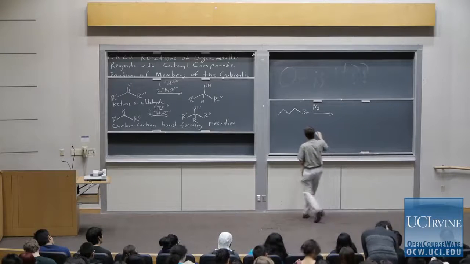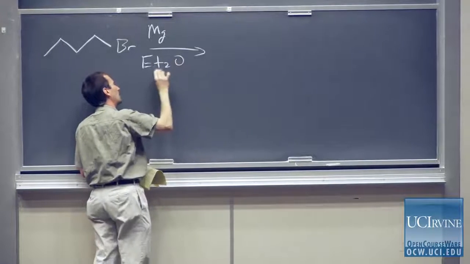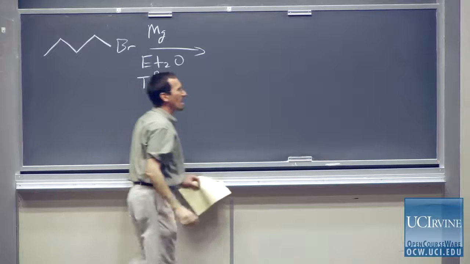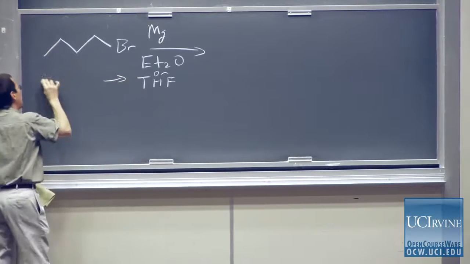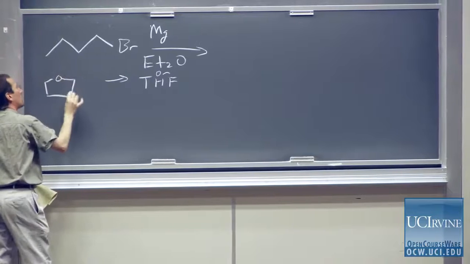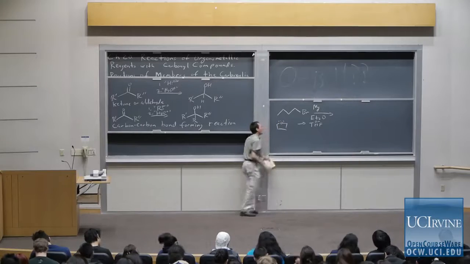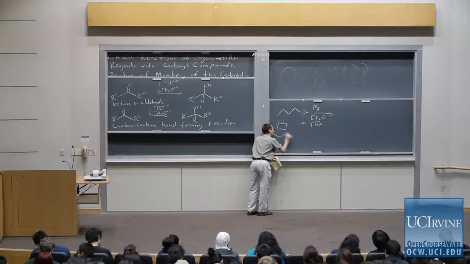The solvent will be an ether solvent, either ether or THF typically, although sometimes other ethers can be used. THF is tetrahydrofuran. It's a cyclic ether, so it's an ether with a 5-membered ring, and it has lone pairs. It's kind of like diethyl ether with its ears pinned back.